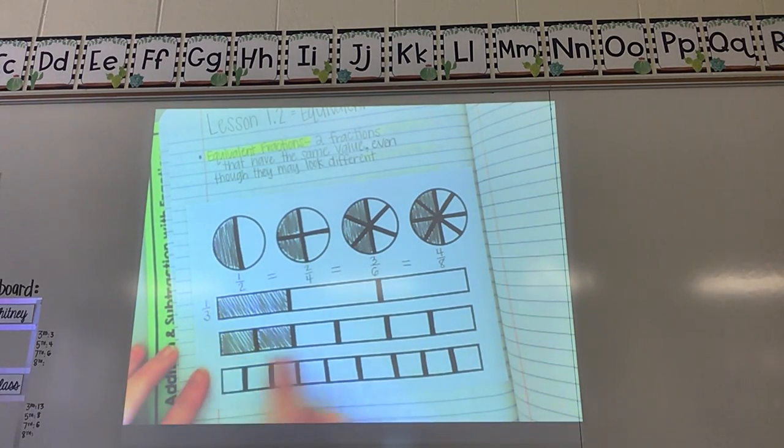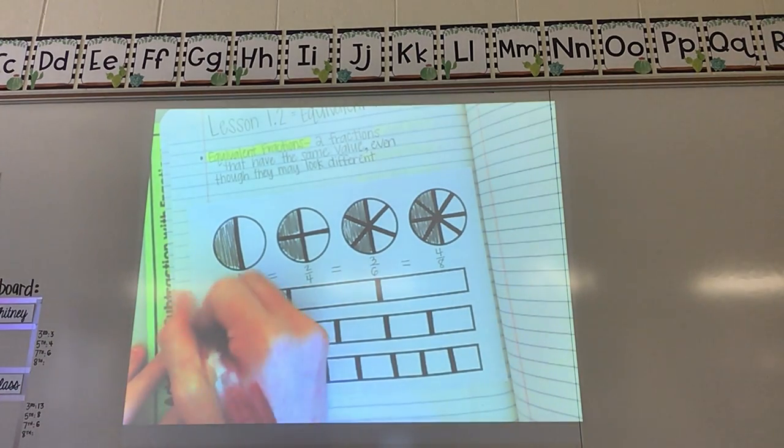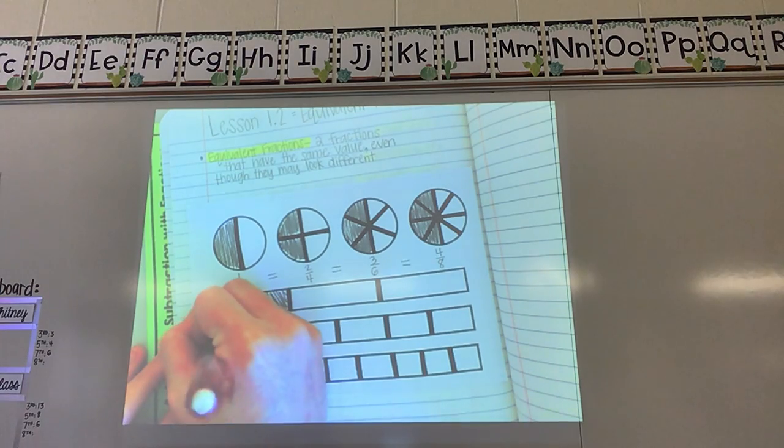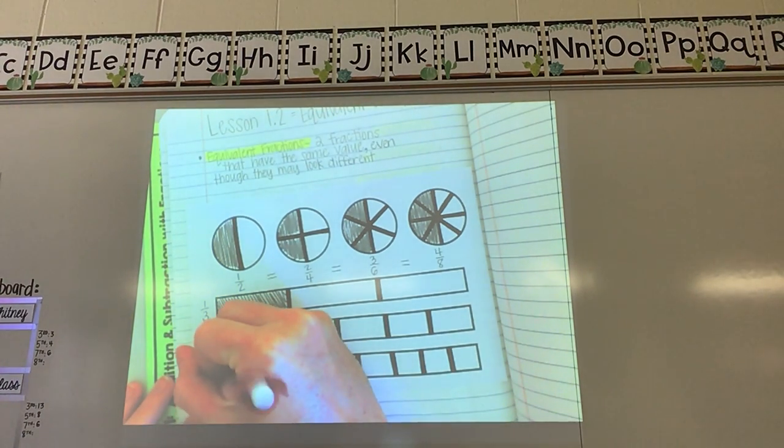Now, what fraction would this be? 2/6. And one last example. If I want to make this third bar be equivalent to these and look the same, how many pieces would I need to shade in? Hopefully, you said 3.